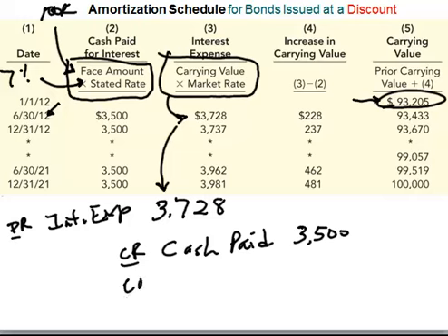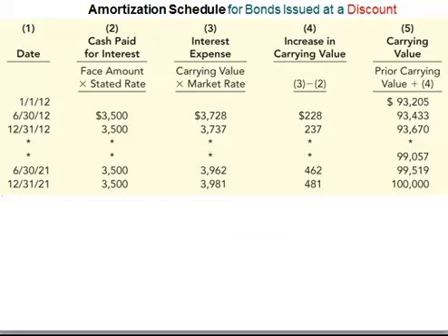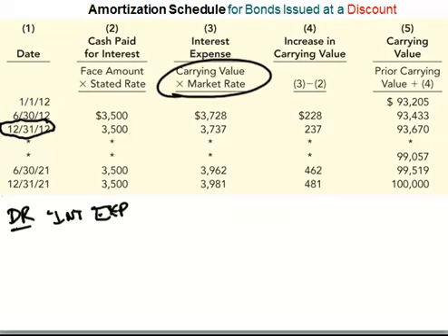The difference is our increase in carrying value. This is our credit to bond payable, in this case in the amount of $228 to balance our debits and our credits. Notice that the $228 increases the carrying value now to $93,433. At the date of our second semi-annual interest payment, December 31st, we go through the same steps. Our debit to interest expense is the carrying value multiplied by the market rate.